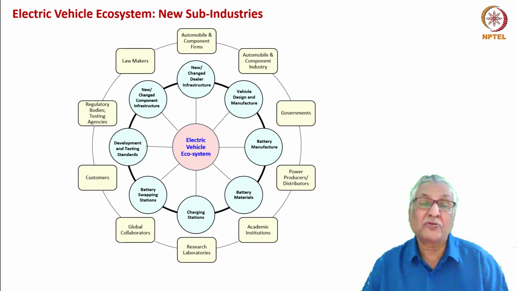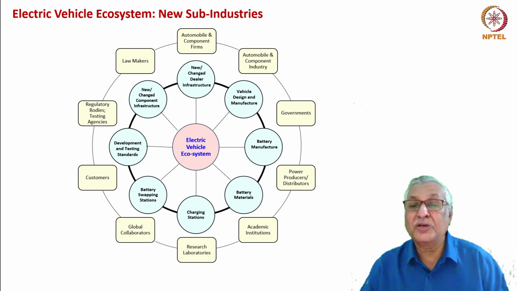Then we have, all around us and all before us, the new electric vehicle ecosystem. A host of new sub industries are going to be generated because of it. We are going to have new electric vehicles, of course, at the core, which will comprise the automobile and component firms. A new automobile and component industry will take shape. The governments will plunge into electric vehicle support systems.